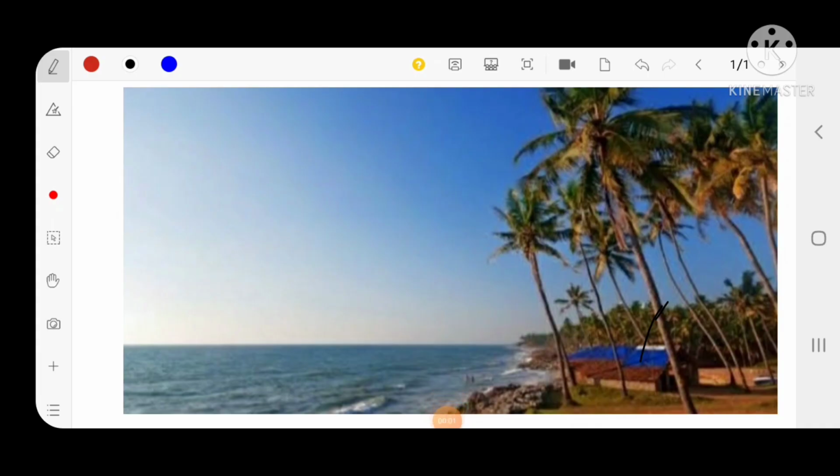In coastal areas, the land becomes hotter than the water. So, the hot air from the land moves up.